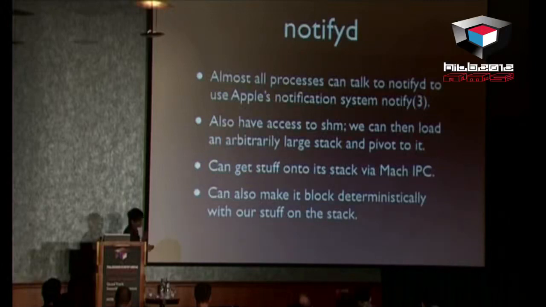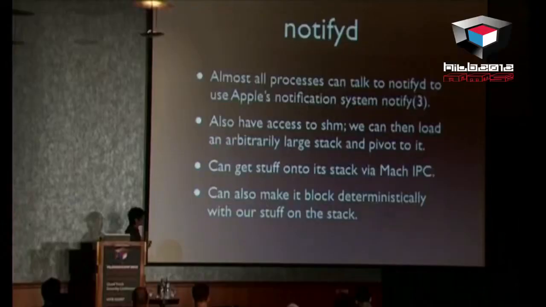So we can use this shared memory area to have Raccoon write an arbitrarily large stack for notifyd's ROP into it, and then we can tell notifyd to pivot to that shared memory area and ROP from there, so we don't have any space limitations.